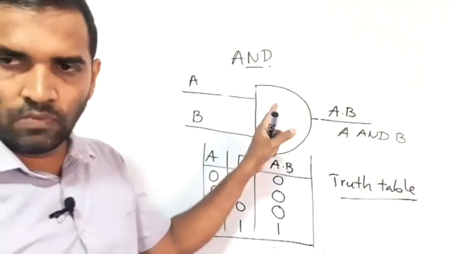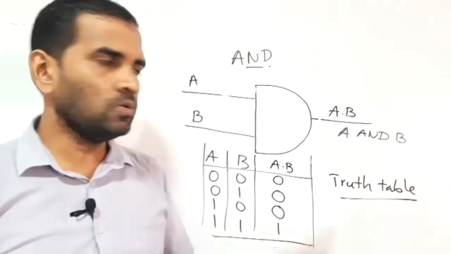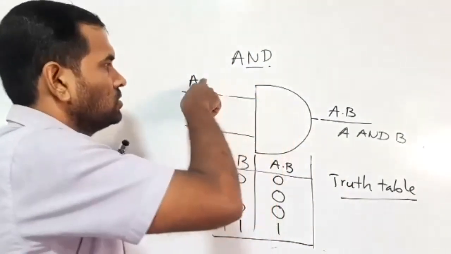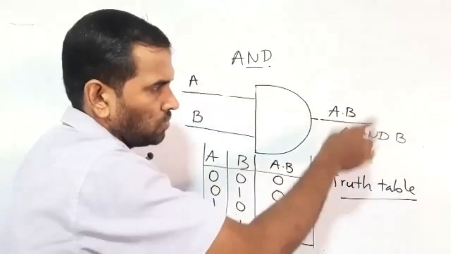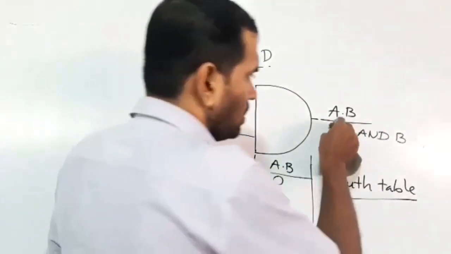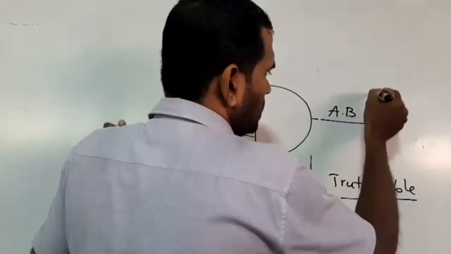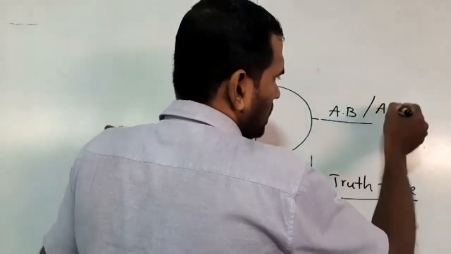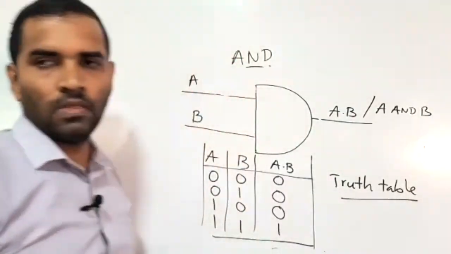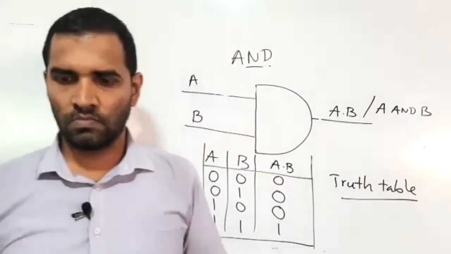Now draw the symbol for the AND gate. Draw the symbol, show the inputs A and B, and show the output. Better to show both, A dot B and also A and B, both are correct.